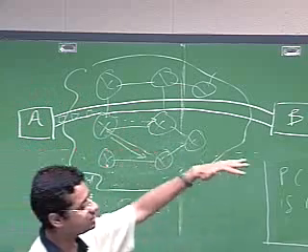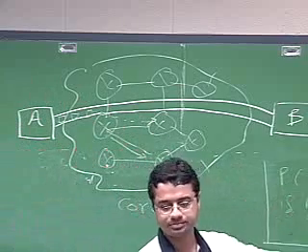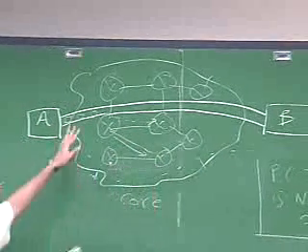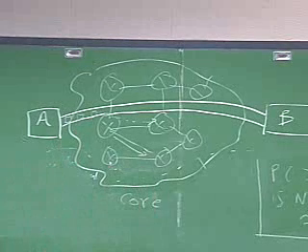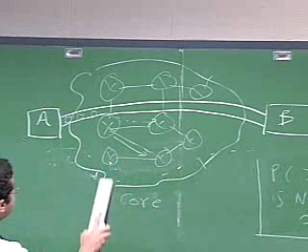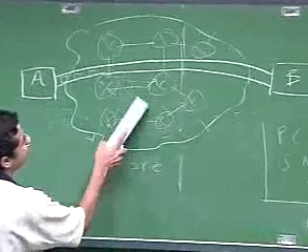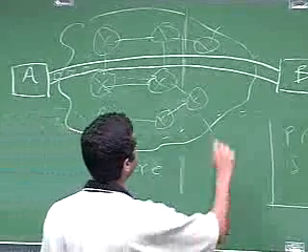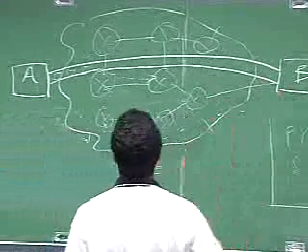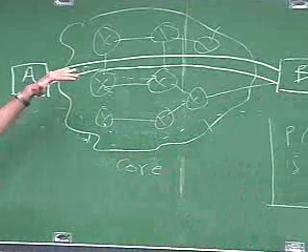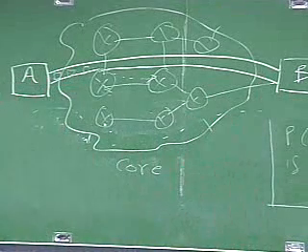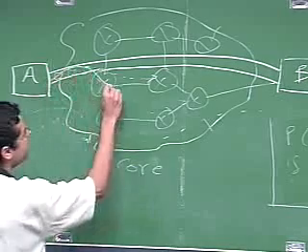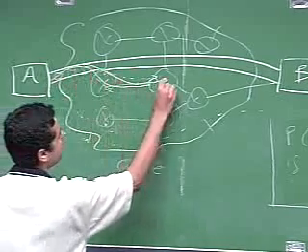Whereas in a virtual circuit network, once you establish a connection, underneath this connection a virtual circuit is established.